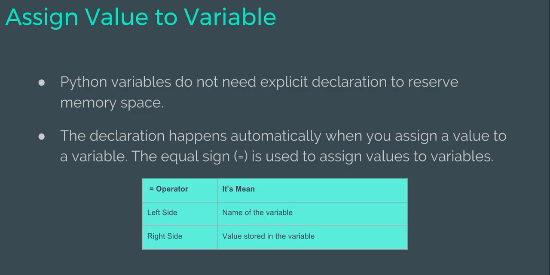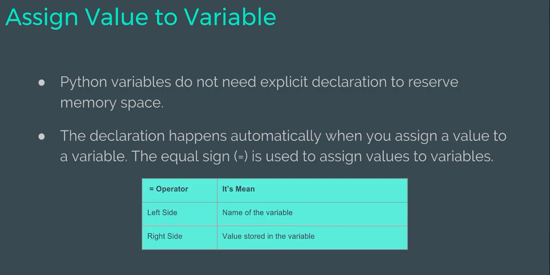The equal sign is used to assign values to variables. What is the meaning of the operator equal? The left side of the operator is always the name of the variable, and the right side of the operator is always the value stored in that variable.